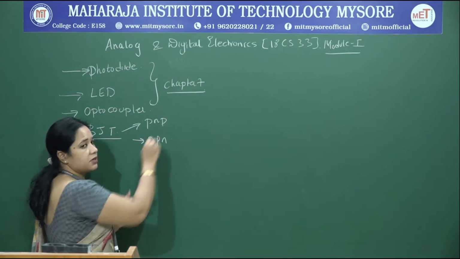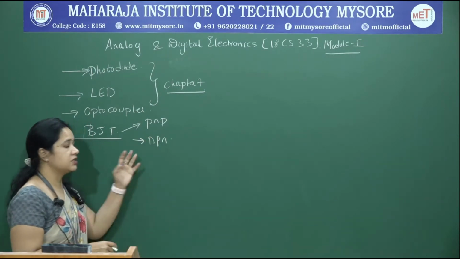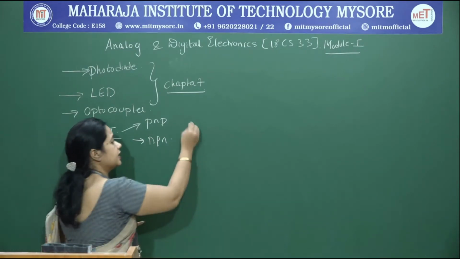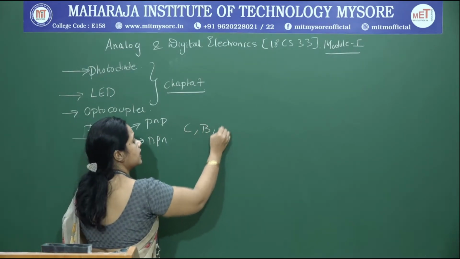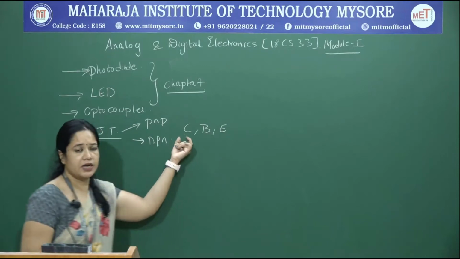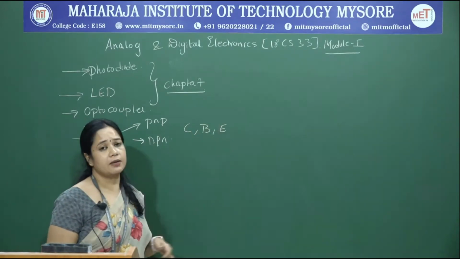It is a 3 terminal semiconductor device, with terminals called collector, base and emitter, so we have a collector junction, a base junction and an emitter junction.